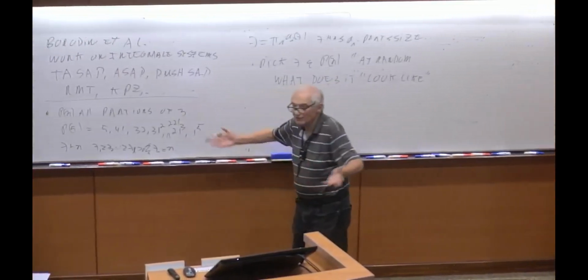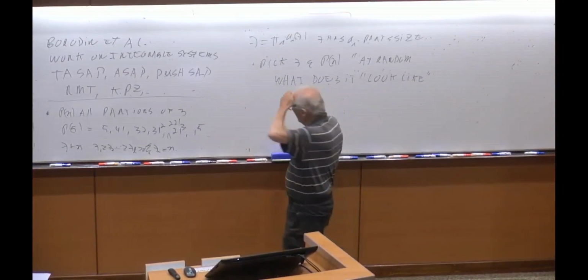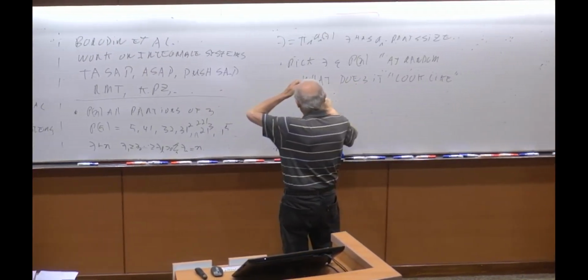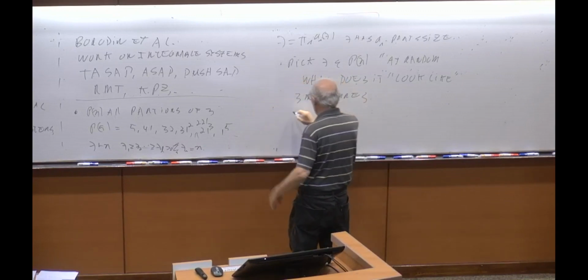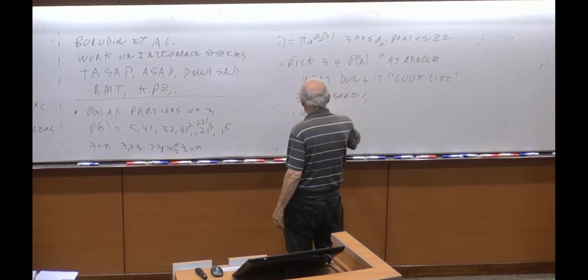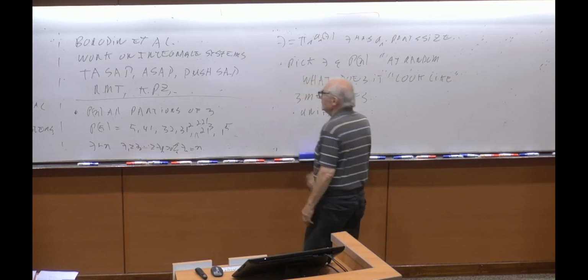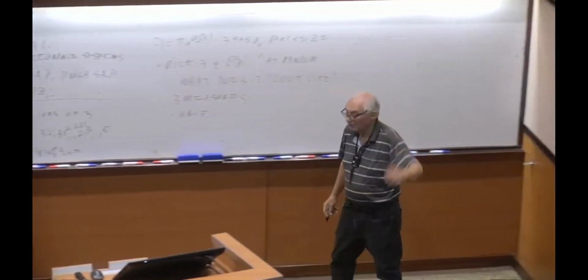Here are 3 measures on P of n that are used. One is the uniform distribution. That's a way of picking a partition at random.